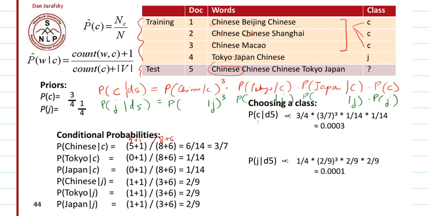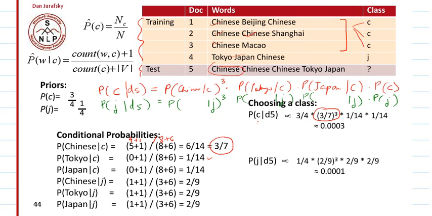So the probability of C given D5 is the probability of Chinese given C. Probability of Chinese given C is 3 by 7. The word is occurring 3 times, so we will just take a cube of this. Then we have Tokyo given C, which is 1 by 14.